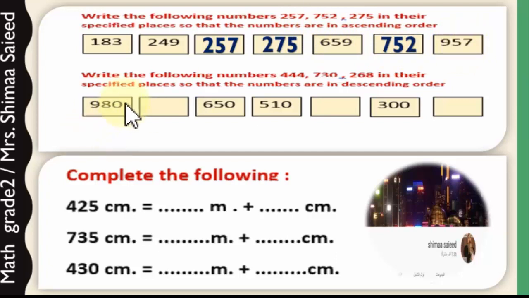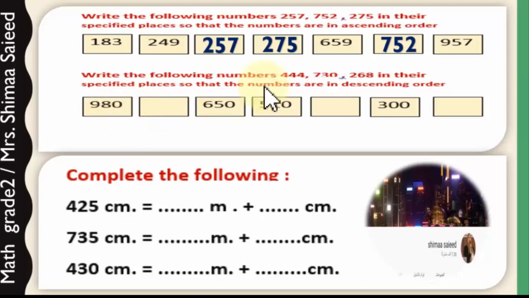Now write the following numbers: 444, 730, 268 in their places so that the numbers are in descending order, from the greatest to the smallest. Okay. The greatest number is 980.